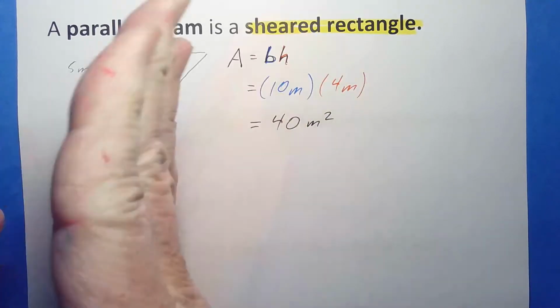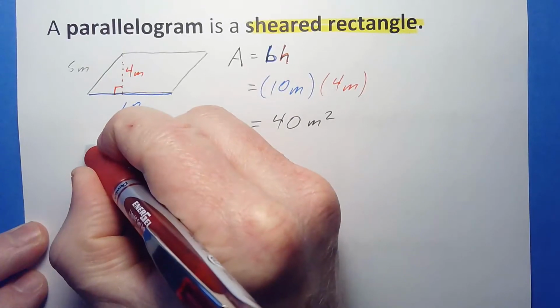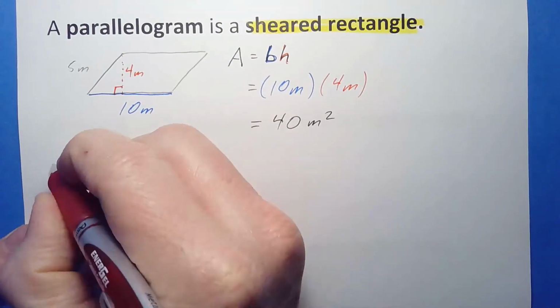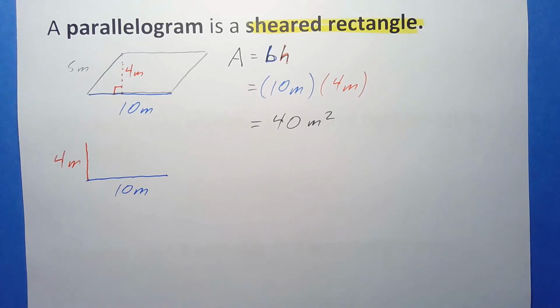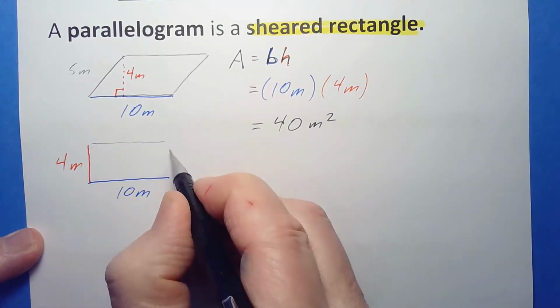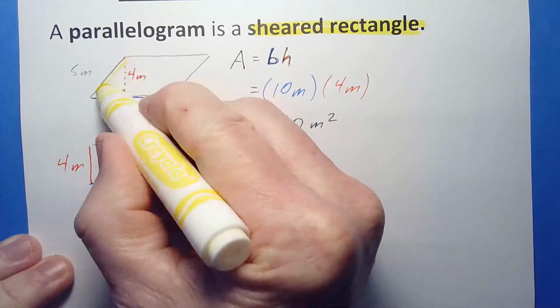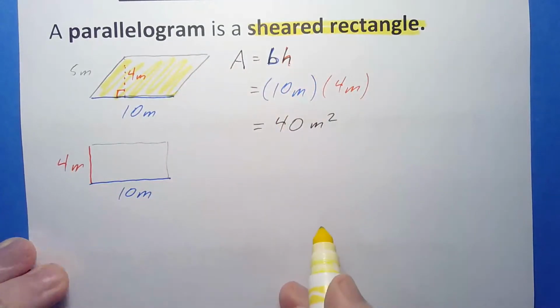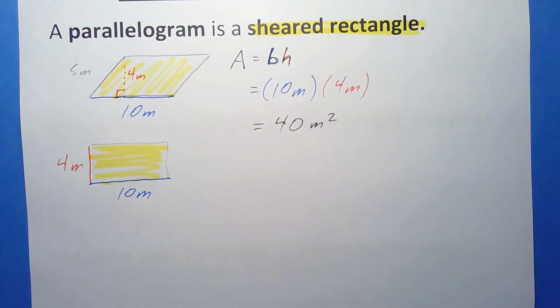And when I bring it up, this dimension right here is actually 4 meters, not 5. I'm going to show you in a second why that happens. So the areas of this parallelogram and this rectangle are identical.